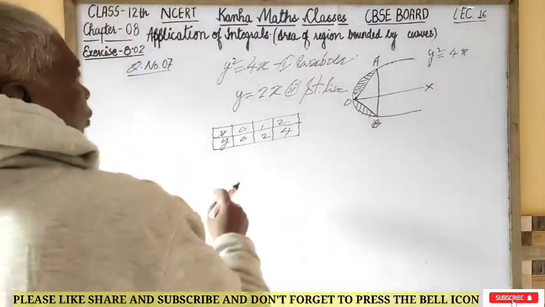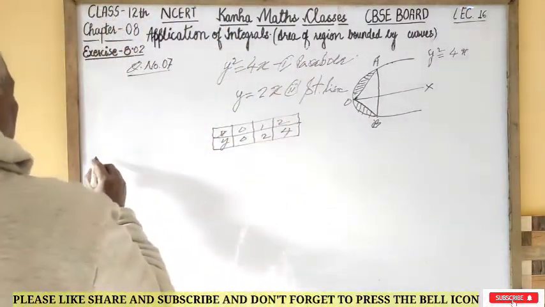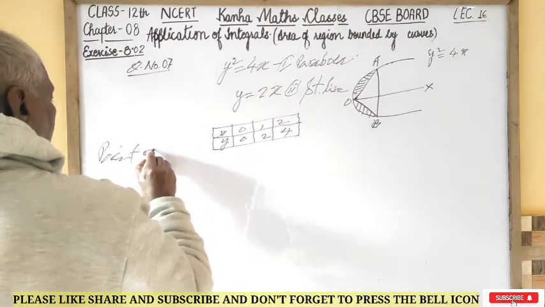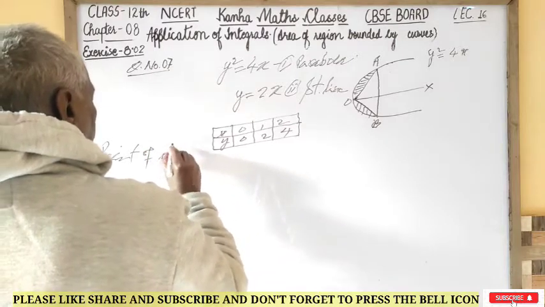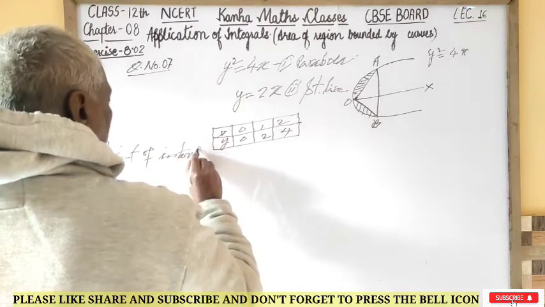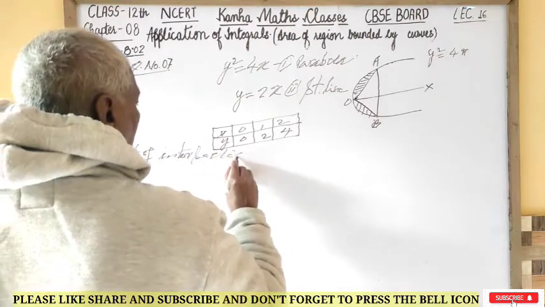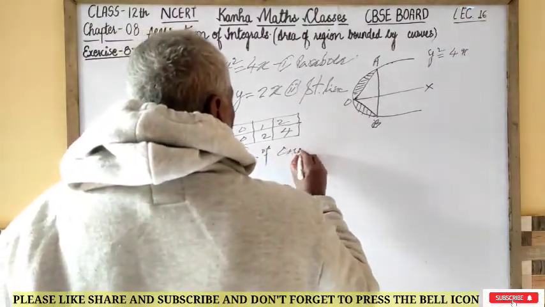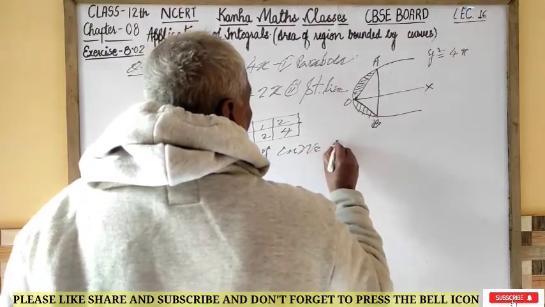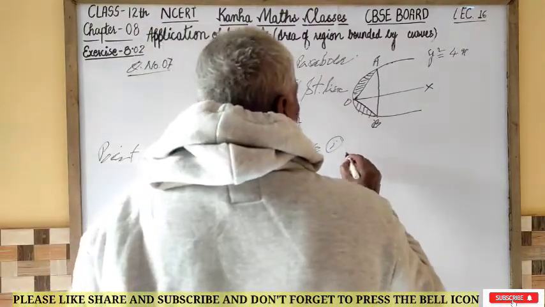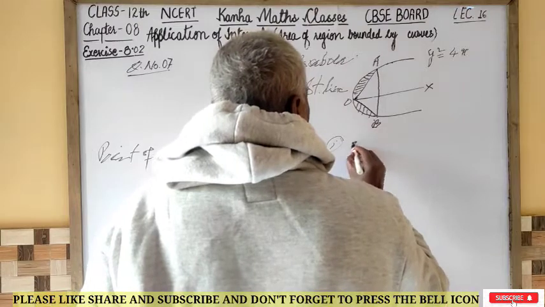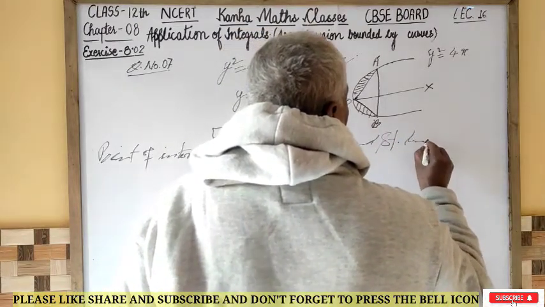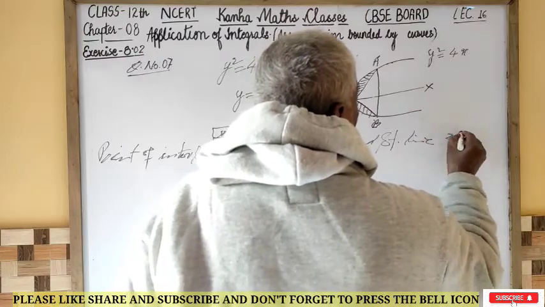First of all, the point of intersection of curve 1 and straight line 2.